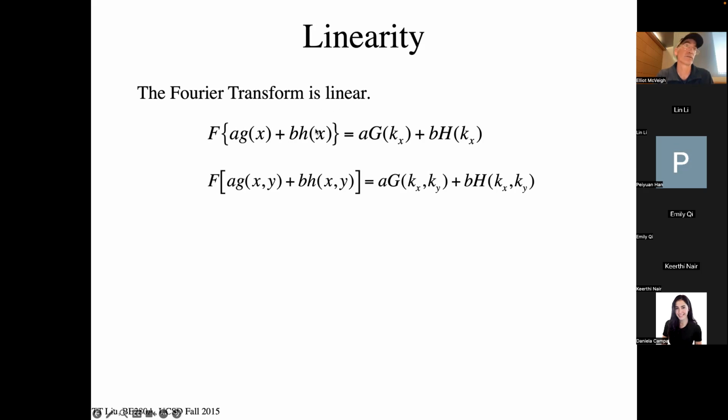Take the Fourier transform of h independently, not even looking at g, that's H of kx. And then A is multiplied by the transform of g, and B is multiplied by the transform of h. That's because it's linear. And that works in 2D as well.